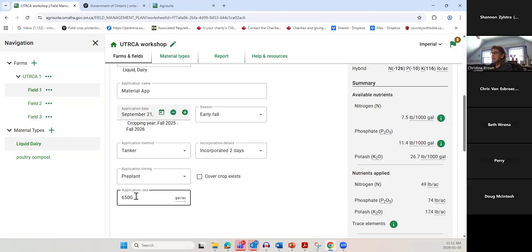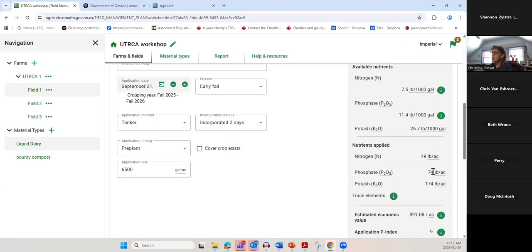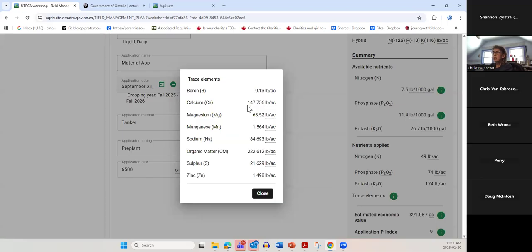So if I'm applying at 6,500 gallons, I'm going to get about 50 pounds of nitrogen credit, 74 for phosphorus, 175 basically for potash.